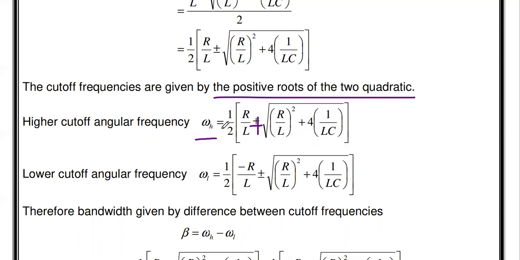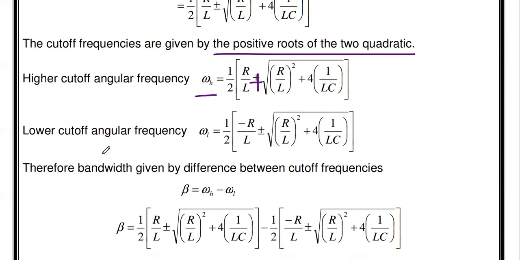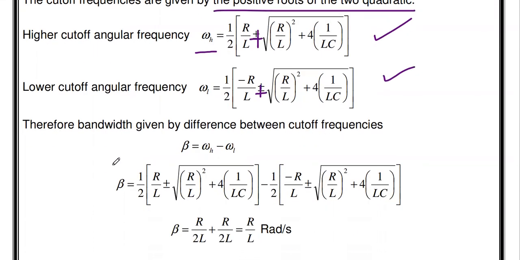This is the higher cutoff frequency. Then the lower cutoff frequency is 1 by 2 into minus R by L plus square root of R by L the whole square plus 4 divided by LC. This is the lower cutoff frequency. Okay, so these two formulas we derived. Then we are going to derive the bandwidth.